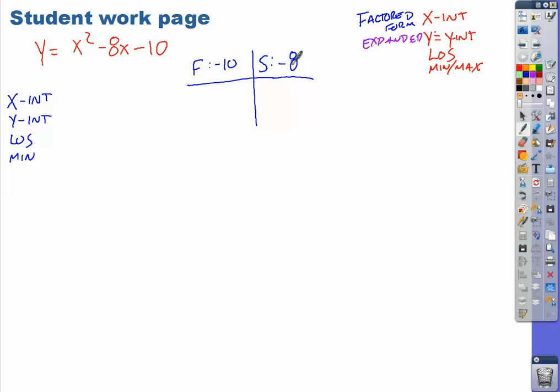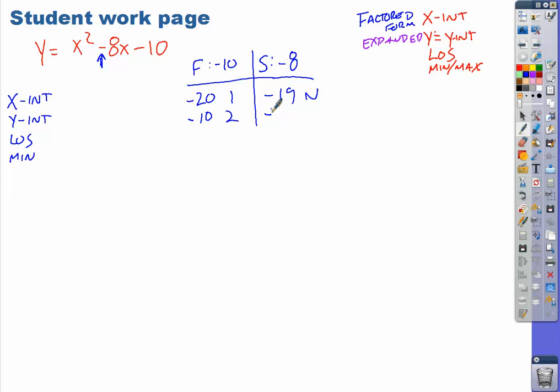So, factors of negative 10. Well, let's see. I know that I'm going to have a negative and a positive factor. And the negative one is going to be farther from 0 because that is a negative. So let's say negative 20 and 1. That has a sum of negative 19. Nope. No, negative 10 and positive 2.